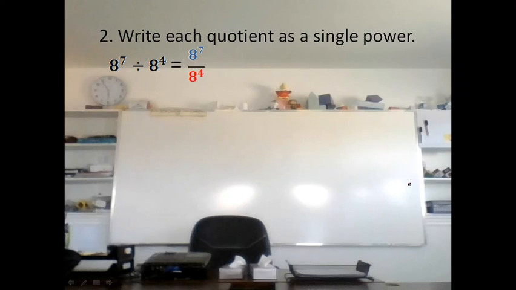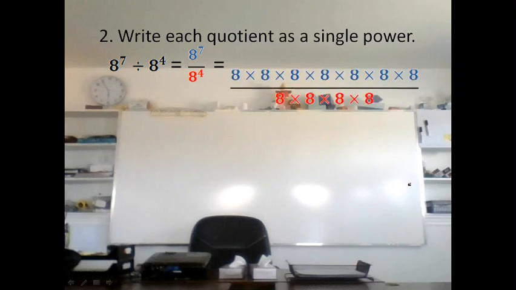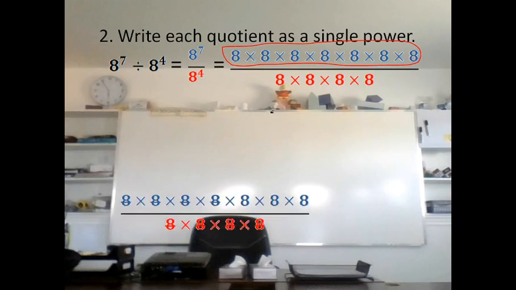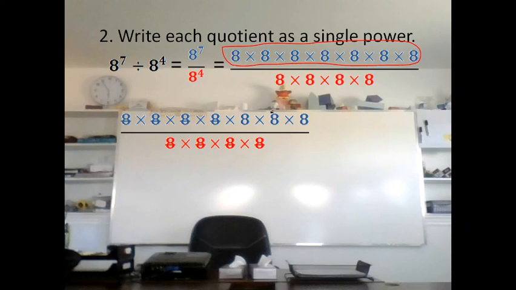Now we can use repeated multiplication. As you can see, 8 to the power of 7 we have right here, with 8 multiplied by itself 7 times. Then on the bottom we have 8 to the power of 4. In fraction form, you have the 8's on the numerator canceled out by the 8's in the denominator.